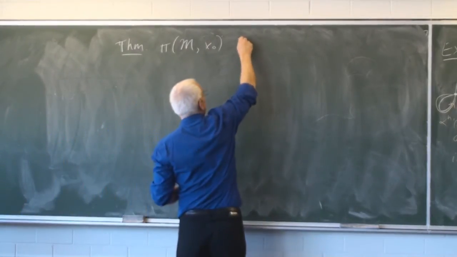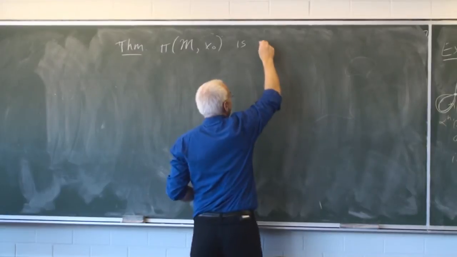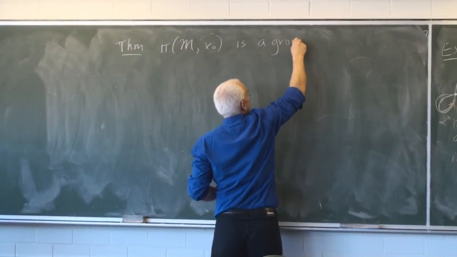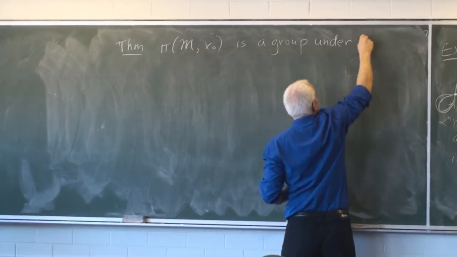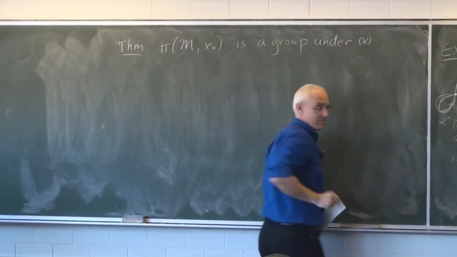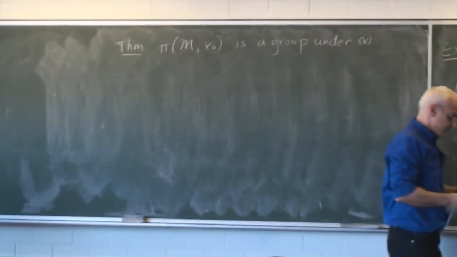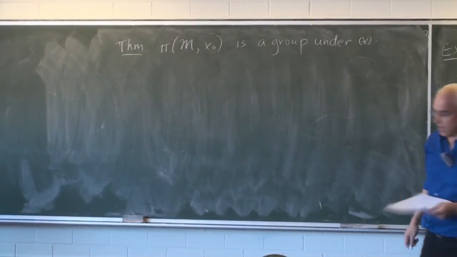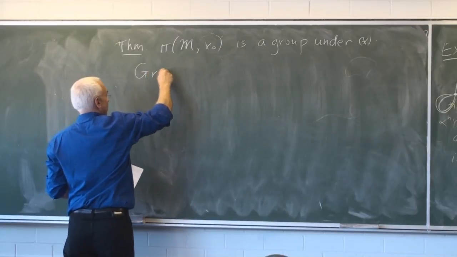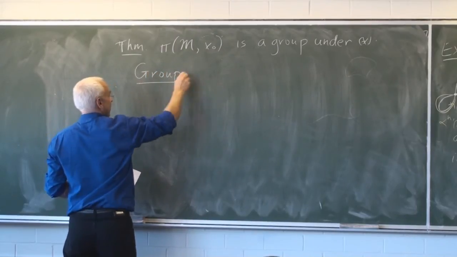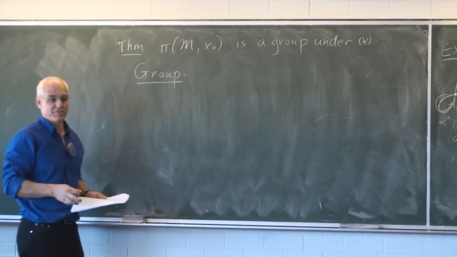I mean, I've been calling it a group, but I haven't told you what a group is. But it actually is a group in the mathematical sense under this multiplication star. And so I need to tell you what is a group, or what it means in this case here.